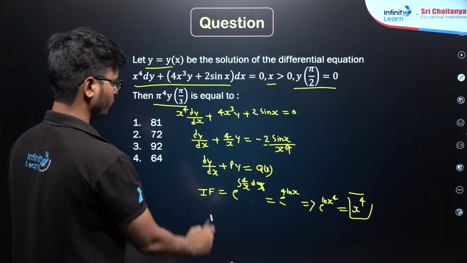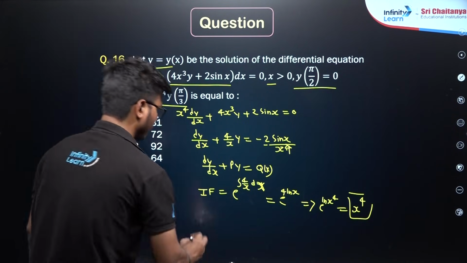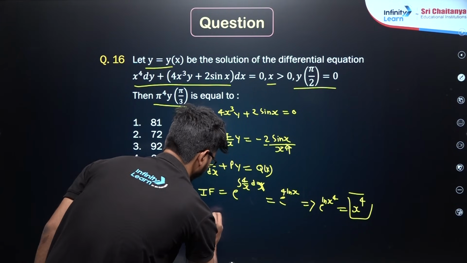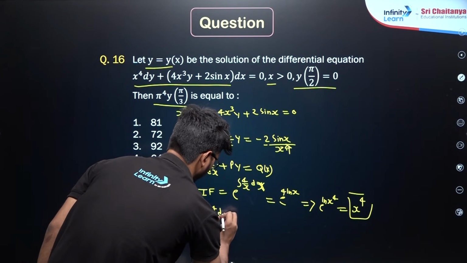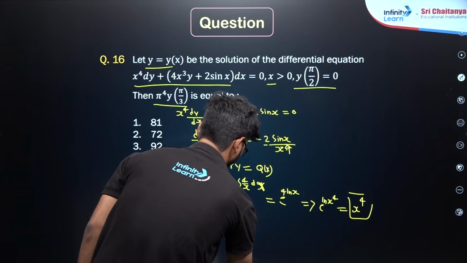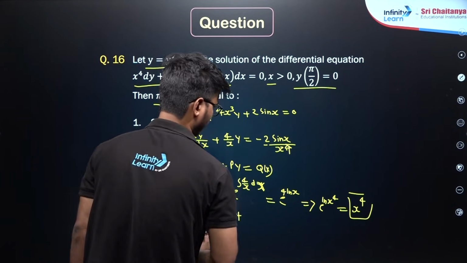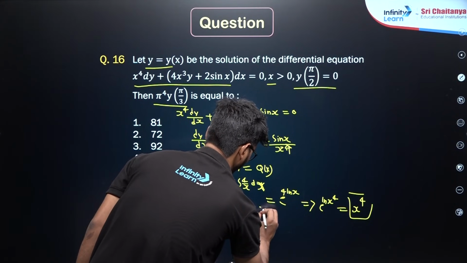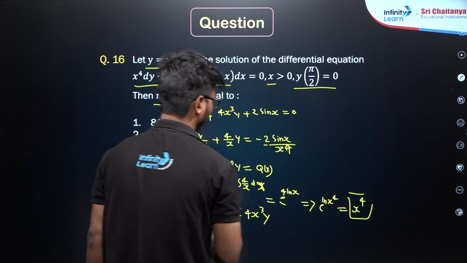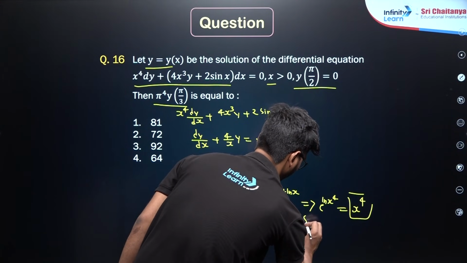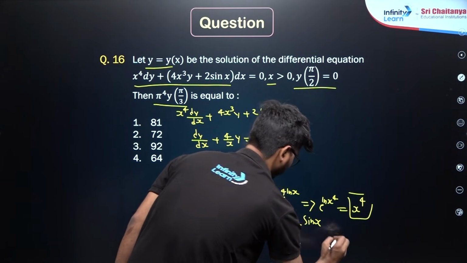Now I am going to multiply throughout by the integrating factor. So I am going to get x to the power 4 dy by dx plus 4 times x cube y, and here it will be minus of 2 times sin x.